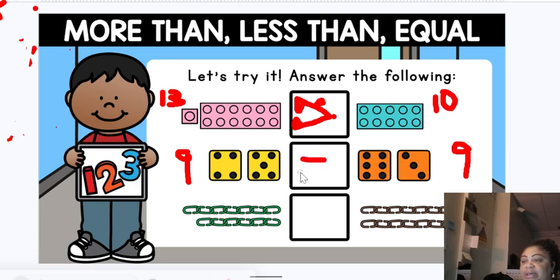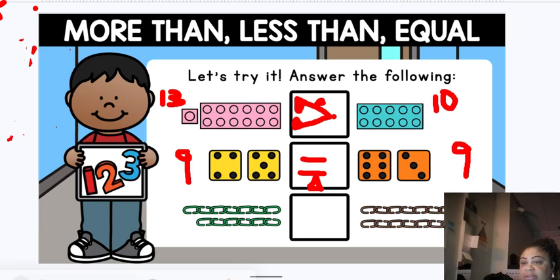I hope you said equal to, because they are the same balance. They balance on the same sides. This is equal to this. This is valued at the same amount as this one. Okay, 9 equals 9.